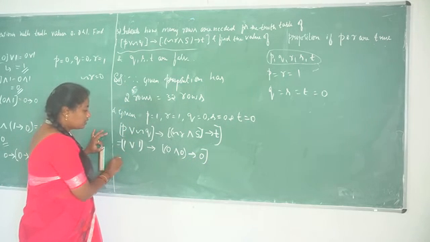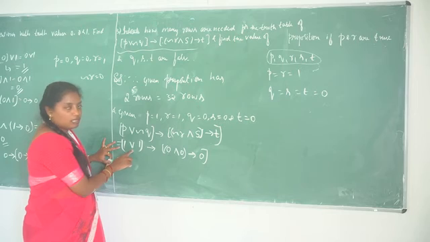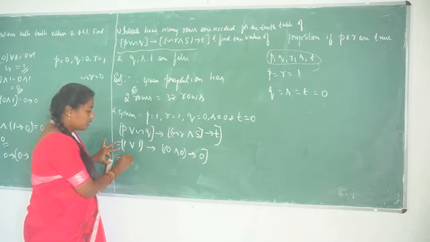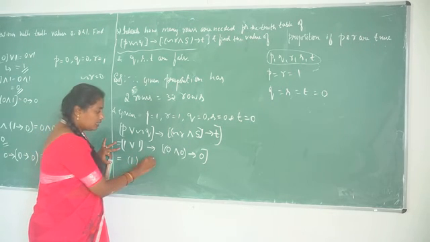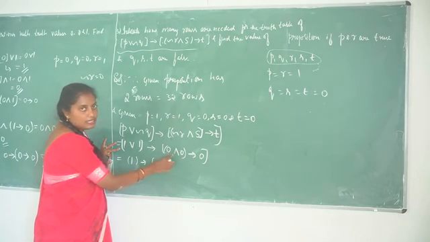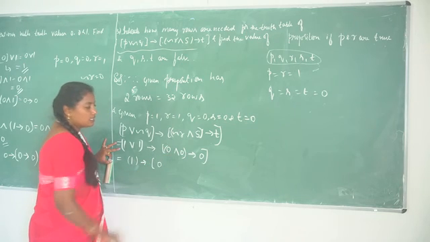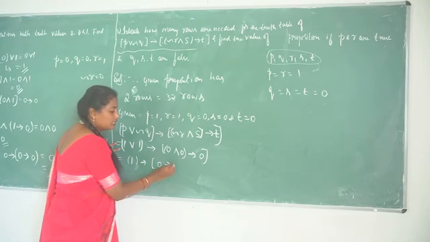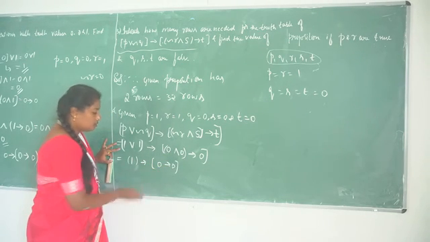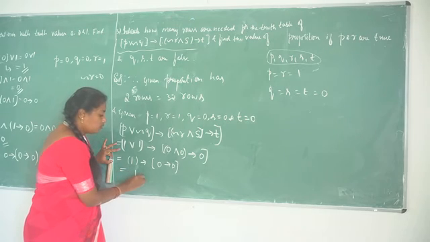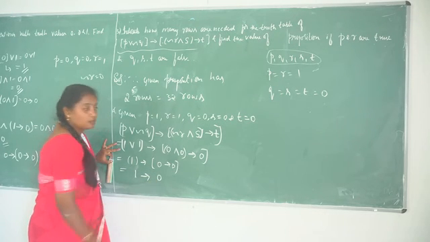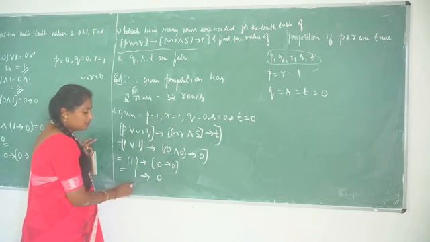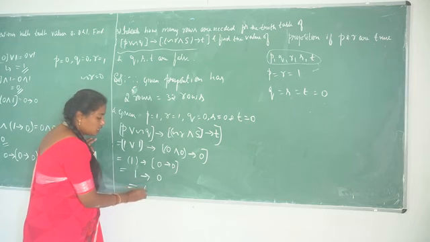On simplifying, 1 or 1 is 1. Then 0 and 0 is 0. Then if 0 then 0, so the resultant term is 1 implies 0. And in a conditional proposition, 1 to 0 is 0.